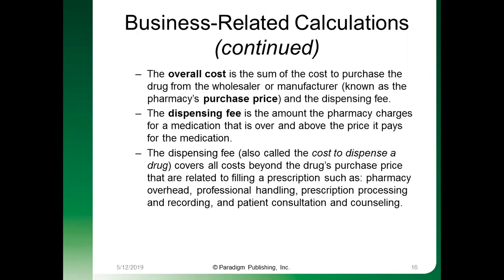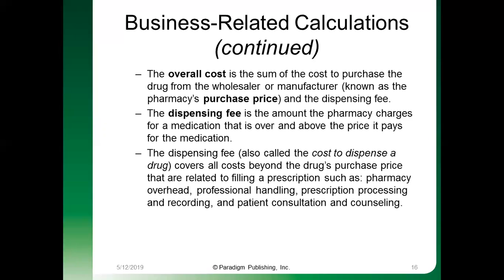So the overall cost is the sum of the cost to purchase the drug from the wholesaler or manufacturer, also known as the purchase price, and the dispensing fee. The dispensing fee is the amount a pharmacy charges for a medication that is over and above the price it pays for the medication.